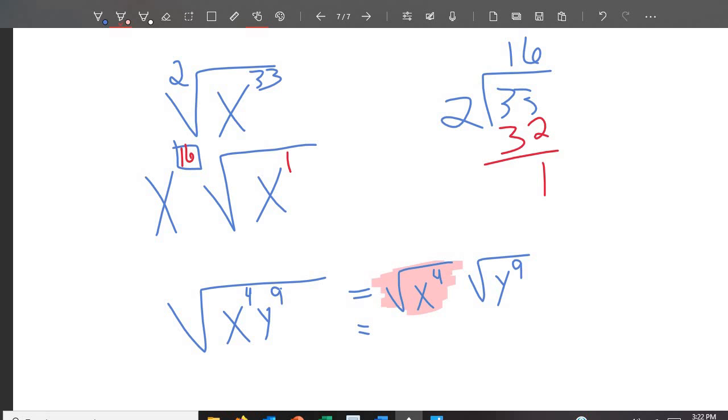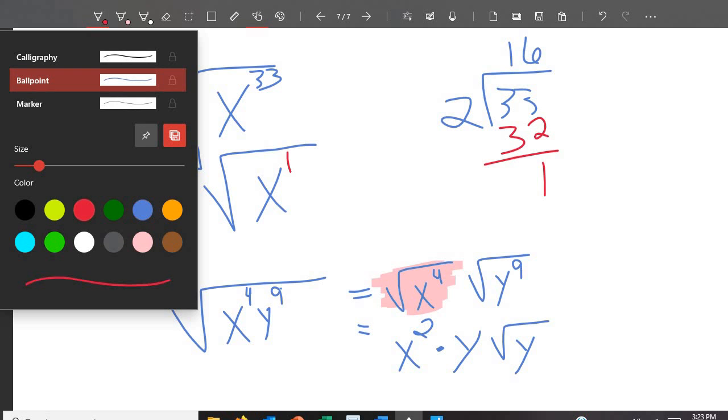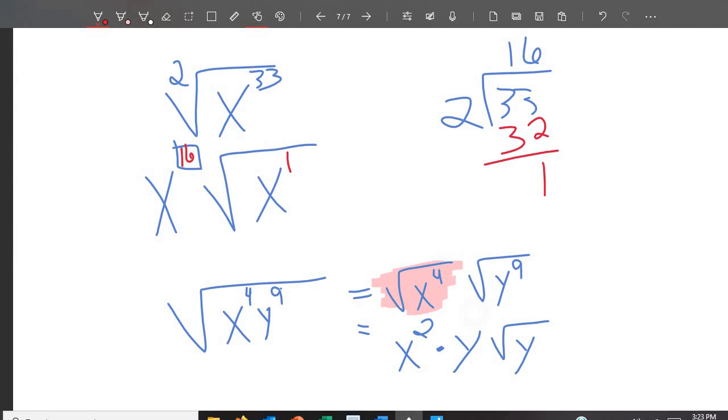The square root of x to the 4th is x squared. But this one, I can't divide evenly, so we're going to have some number of y's on the outside and some number of y's on the inside. We just got to figure out what the exponents are. Well, let's come over here and take the 9, divide it by 2.